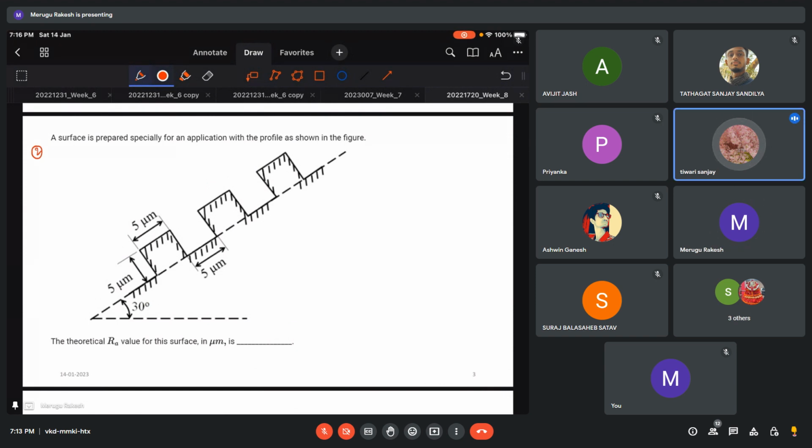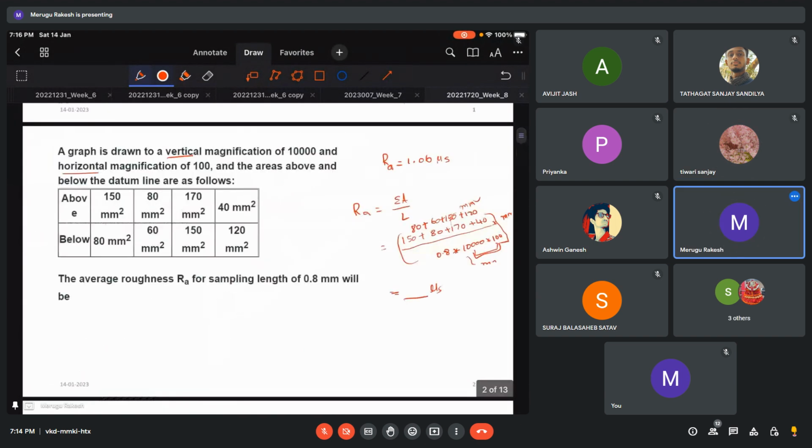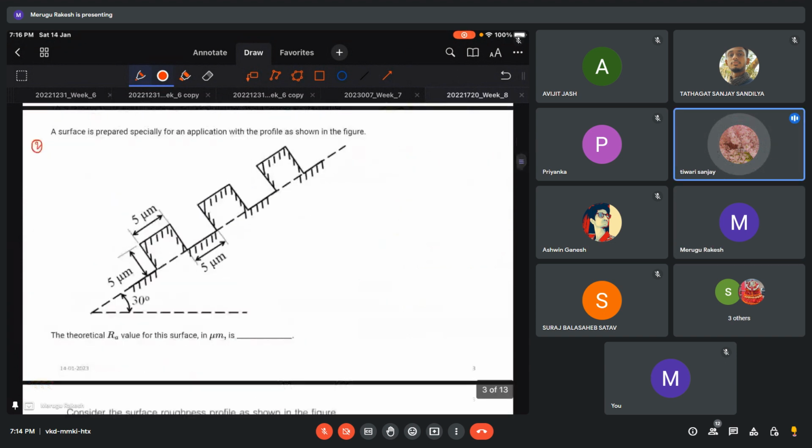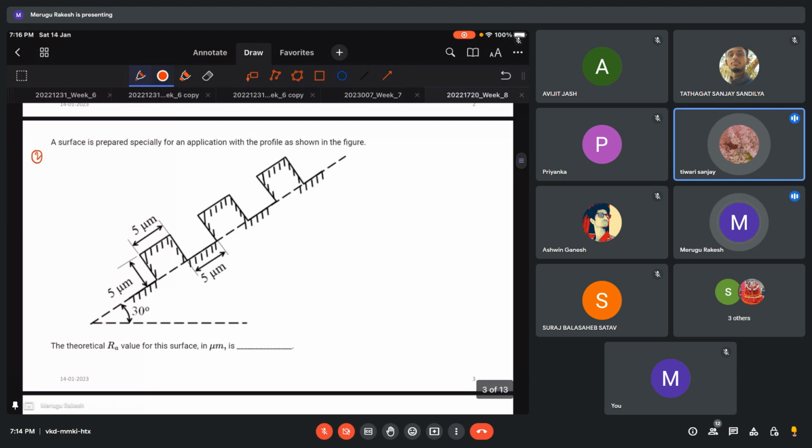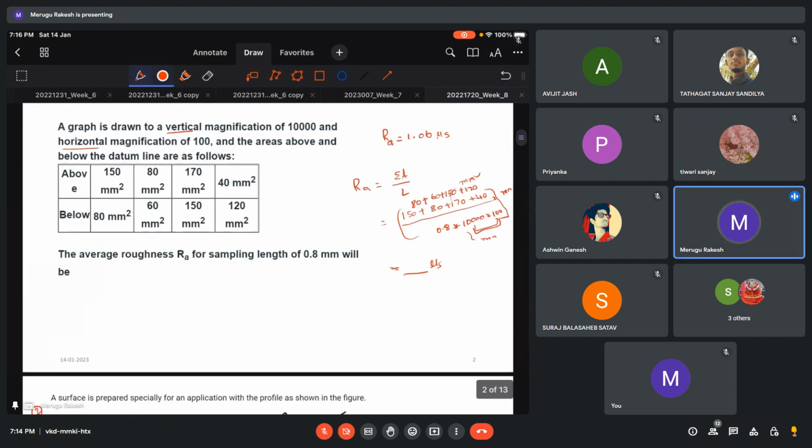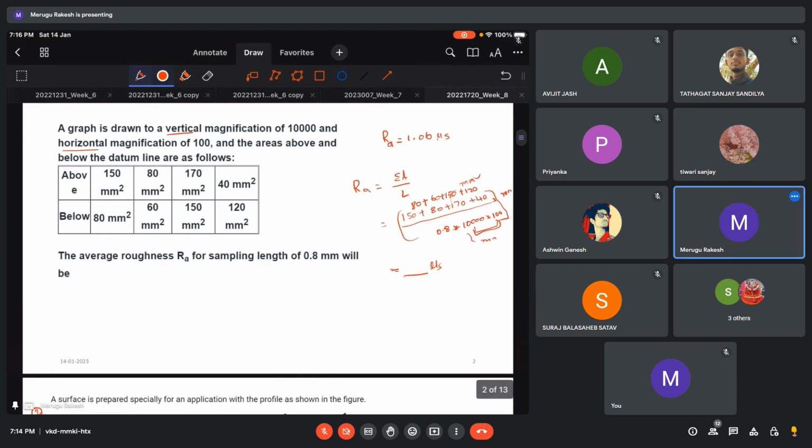Both the above and below areas are given, but you have added only the above area. No, I have added both. As pointed out by one of the students, we have to add all the areas. Then where did this 0.8 come from? It is not the magnification factor, that is 1000 and 100.